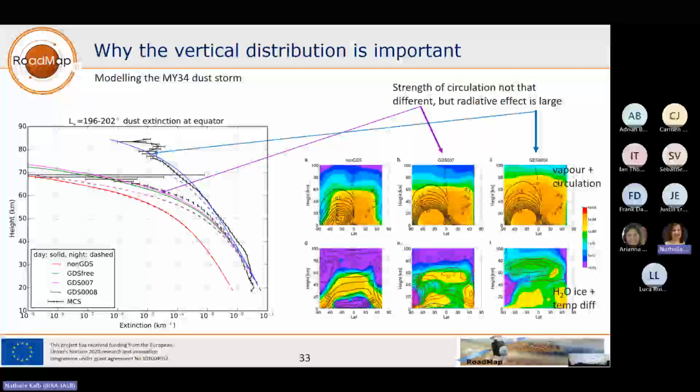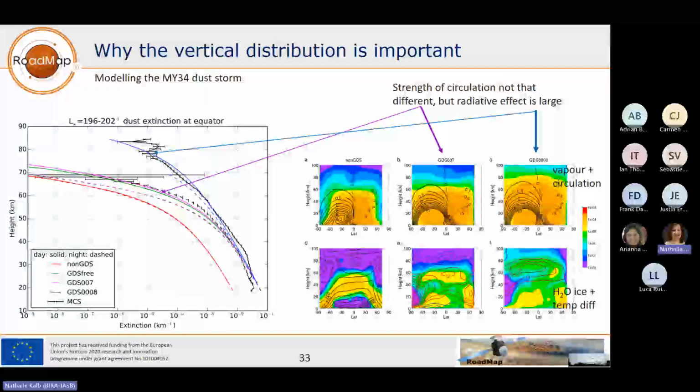It gets hotter up here when you put dust up a little bit higher. When you put dust up way higher, it gets hotter, and ice doesn't form, or the ice forms up higher. So this is really strong ice clouds, and it kind of blocks the water vapor. It's like a cold trap, it freezes out. But when you make it warmer, the water vapor is allowed to go up to higher altitudes.